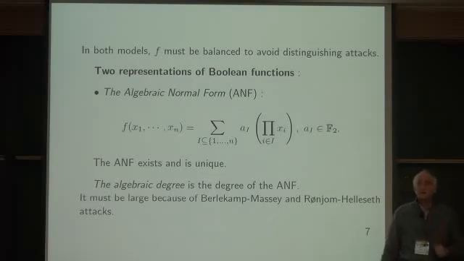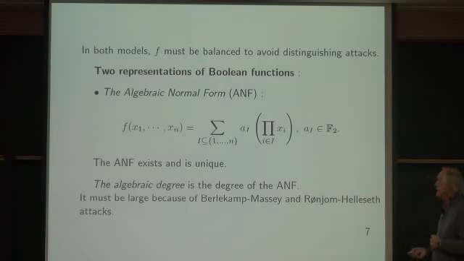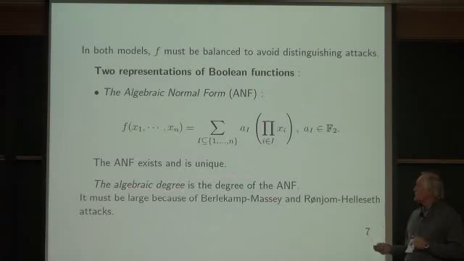You coders know about the Reed-Muller code, so I don't have to develop the algebraic normal form of Boolean functions. It's a polynomial representation which exists and is unique, and its global degree is called the algebraic degree of the function.